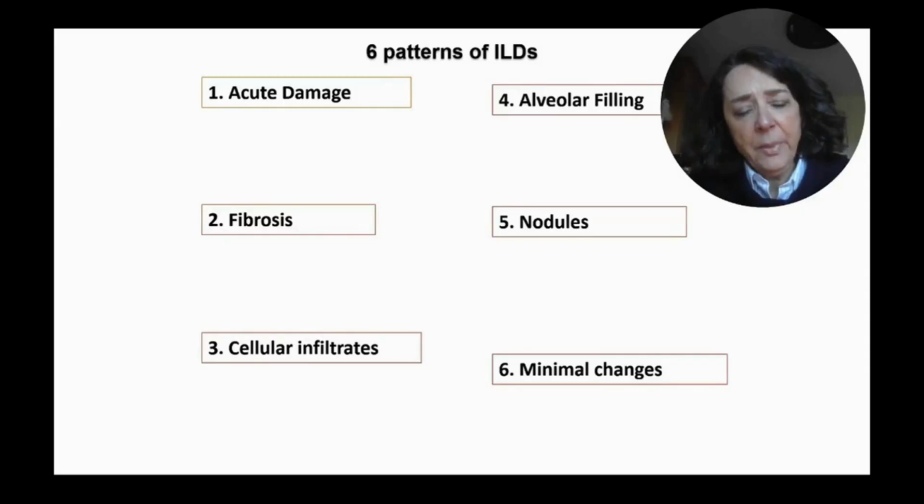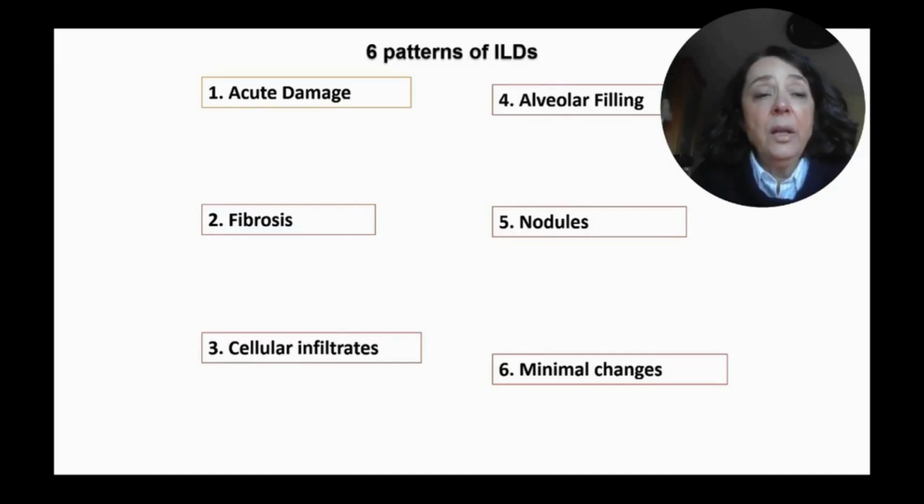If you reduce all these 200 entities to only 6 patterns, and with this you know which type of inflammation or cellularity, it helps you get at the end to a pattern and maybe a differential diagnosis. And this is what you are going to show in the MDT.